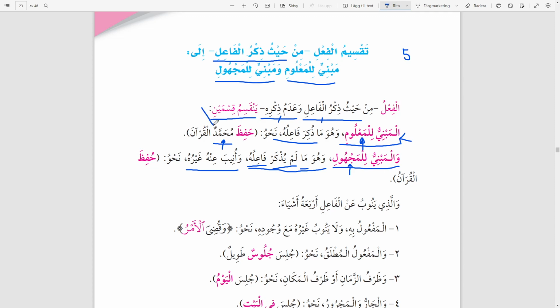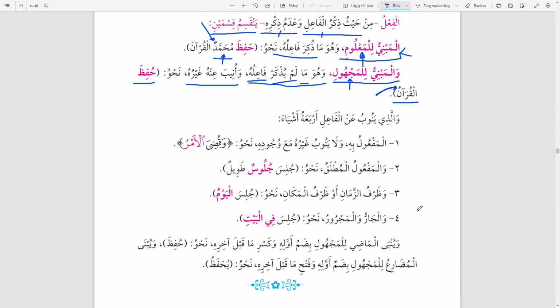So the dhamma here, something else will take the dhamma. So حفظ القرآن, with a dhamma. The Quran has been memorized. By whom? It's not mentioned in the sentence. So as far as the sentence goes and the expression goes, the actor is unknown. And the object takes the role of the actor here by taking on the dhamma.